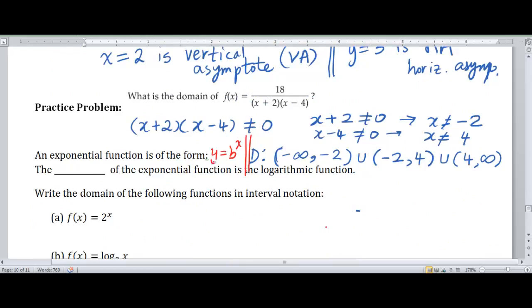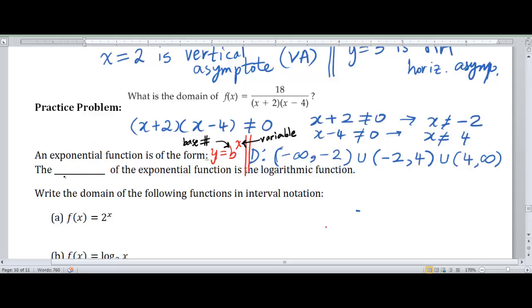Y equals b to the x. B is a number. Okay, that's our base. X is the exponent. That's the variable. That's why we call these exponential functions, because your variable is in the exponent.